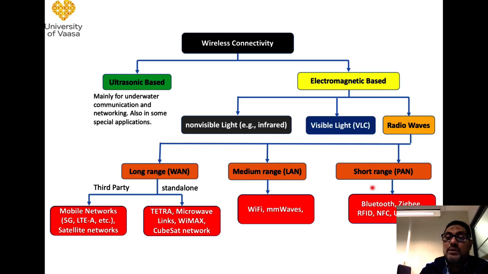A few examples of short range are Bluetooth, Zigbee, RFID, like near field communication, ultra wideband, and so on. Those are a few examples of short range communication. They are widely used in smart grids, for example, to communicate between the smart grid and the equipment inside an apartment, and sometimes you need to take a reading of the smart meter.